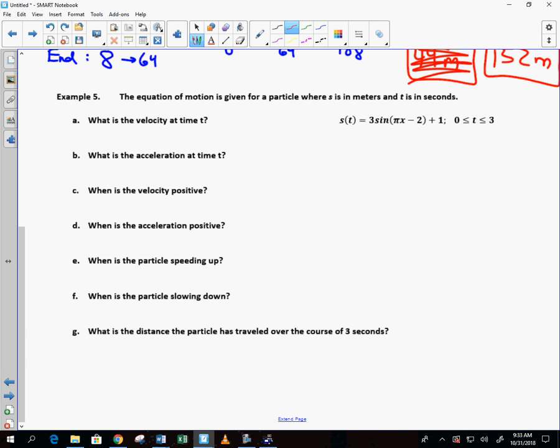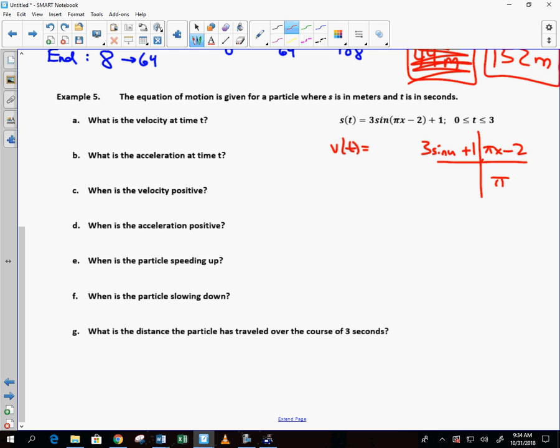If I have to figure out velocity, how do I do that? Derivative. How do I take the derivative of something like that? Chain rule. What's the inside? Pi x minus 2. What's the outside? 3 sine of u plus 1. What is the derivative of pi x minus 2?